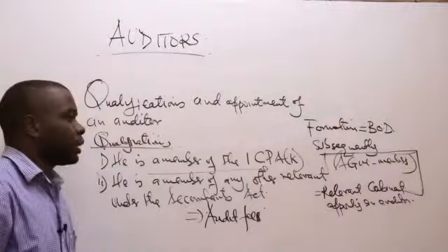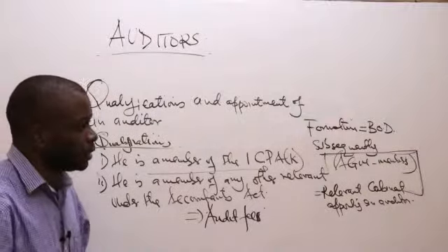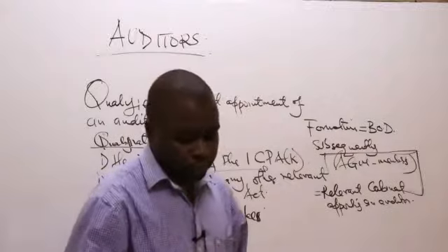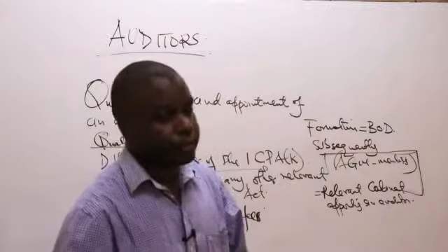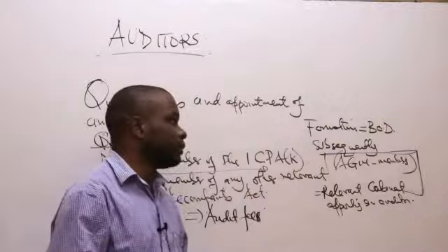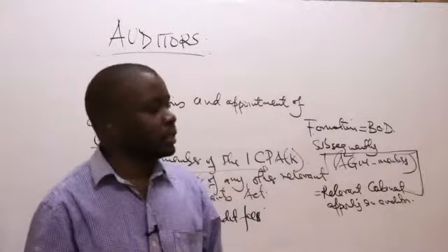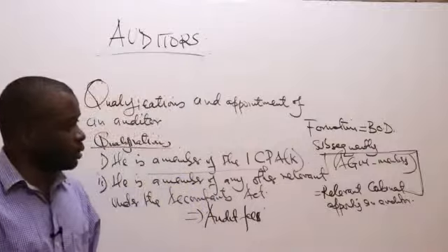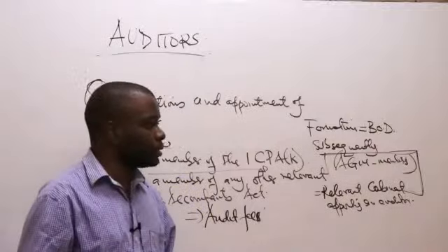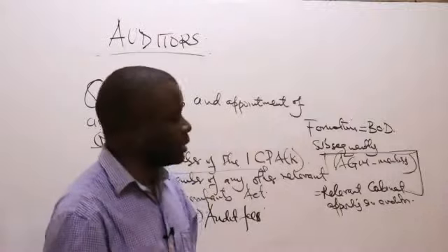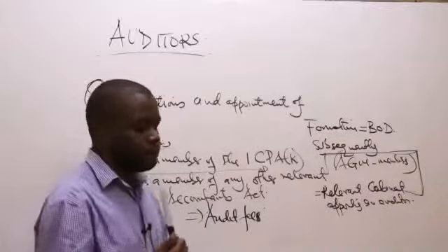Then number 3, what you can talk about is, if there's a casual vacancy in the office of the first auditor, the directors will appoint his replacement. Just say it will be filled by the directors.